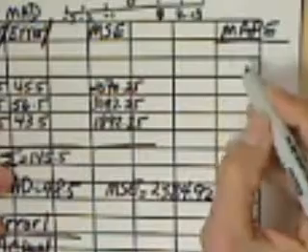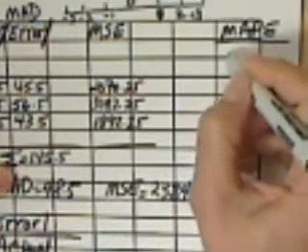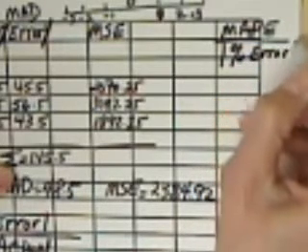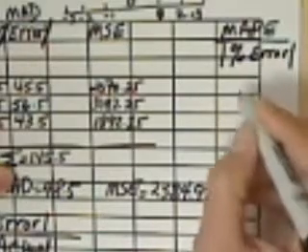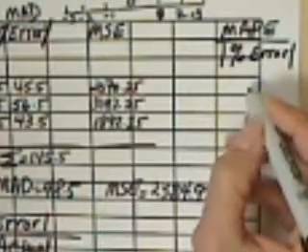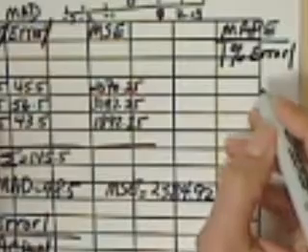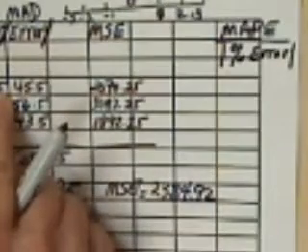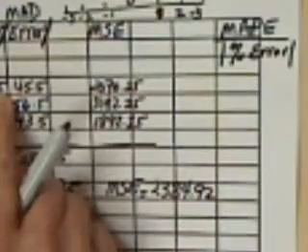So here, the absolute percent error would be: you take your error, which is 45.5, and you divide it by 518, and you get 9%, so 0.09.